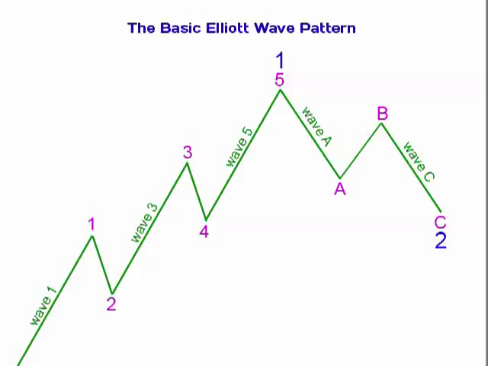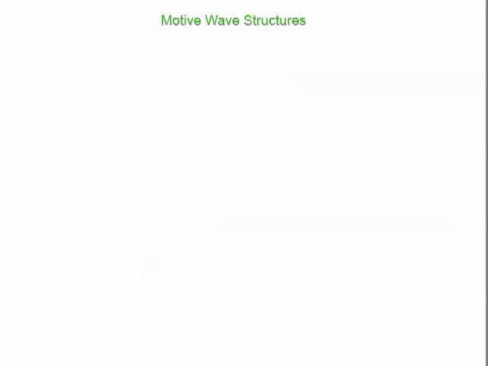Motive waves carry the trend in its main direction. They represent our best trading opportunities, especially the third wave. There are two basic motive wave structures: a simple impulse or a diagonal.